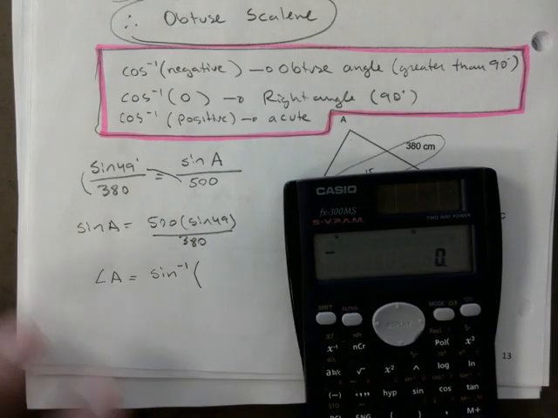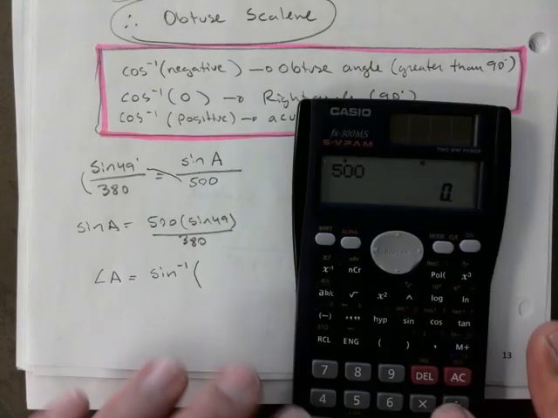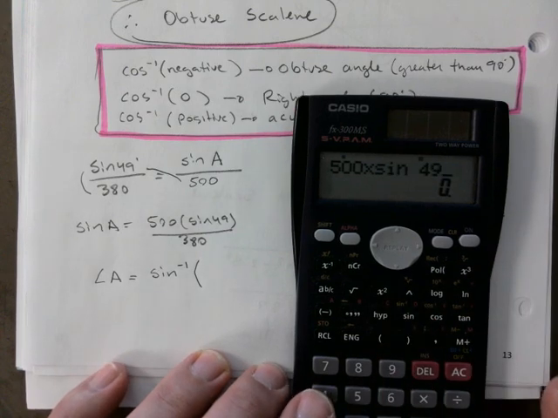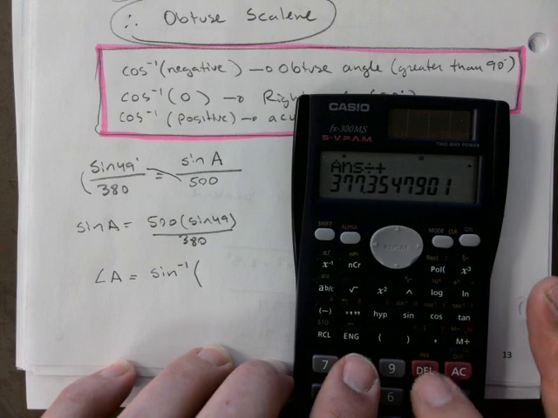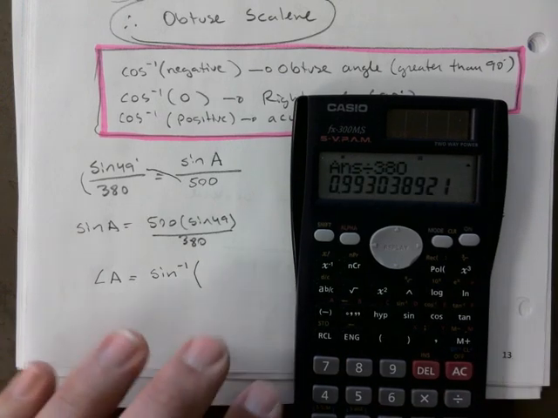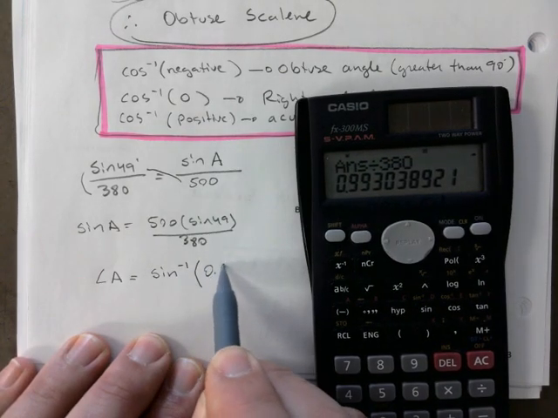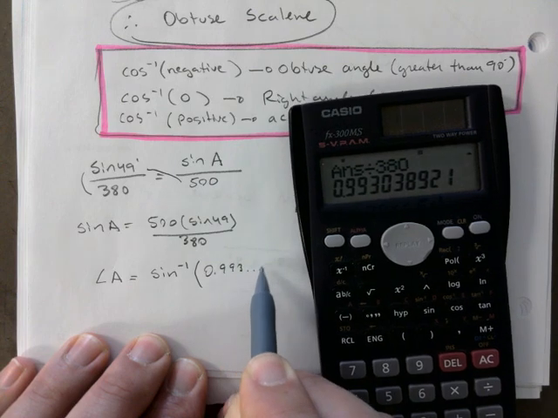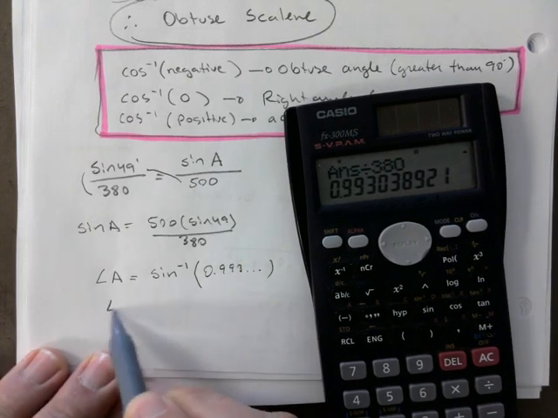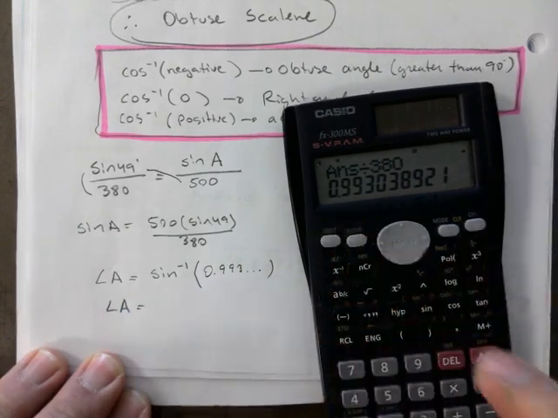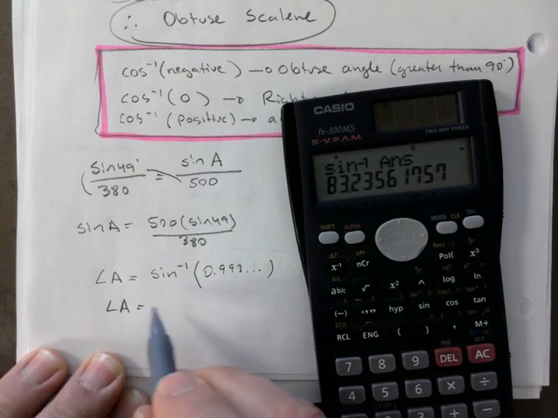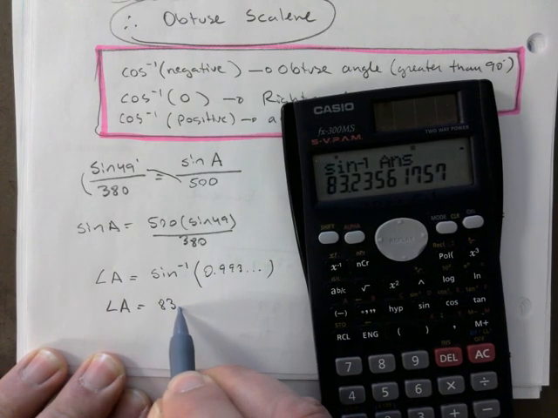So let me go 500 times sine of 49 divided by 380. 0.993 dot dot dot. Sine inverse gives 83.24.